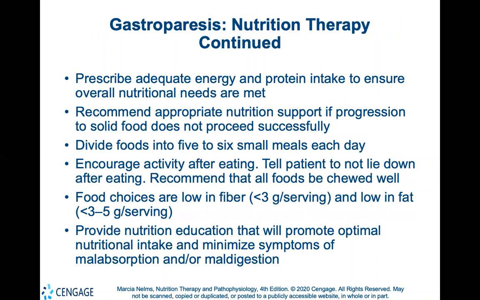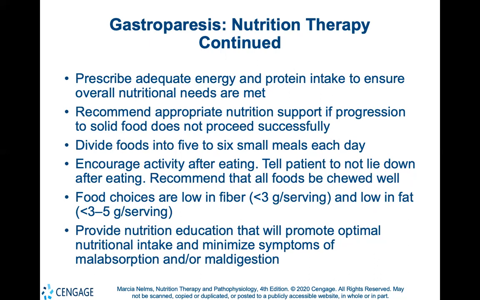Gastroparesis nutrition therapy: prescribe adequate energy and protein intake to ensure overall nutritional needs are met. Recommend appropriate nutrition support if progression to solid food does not proceed successfully. Divide foods into 5 to 6 small meals each day. Encourage activity after eating. Tell patients to not lie down after eating. Recommend that all foods be chewed well.